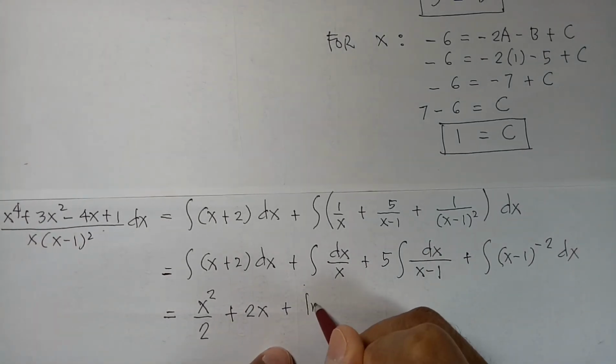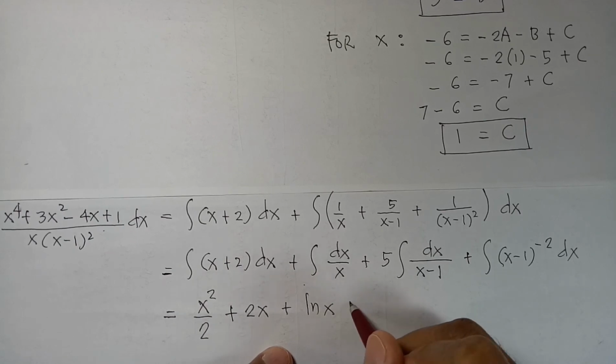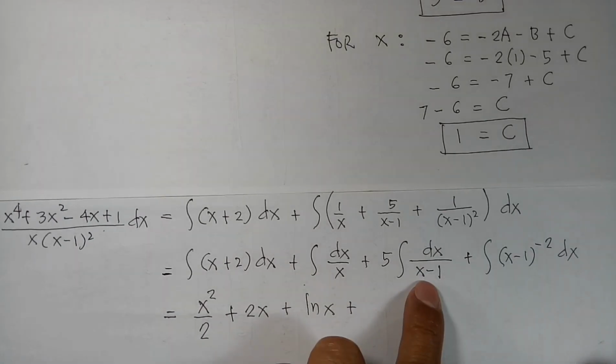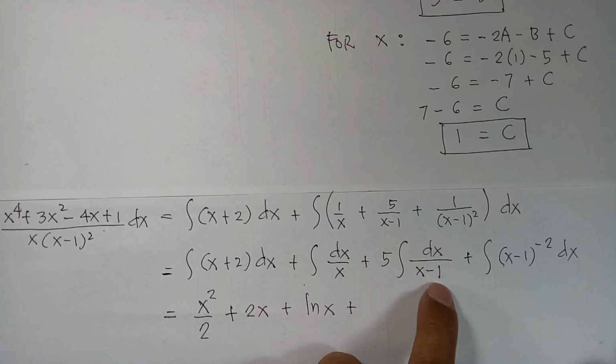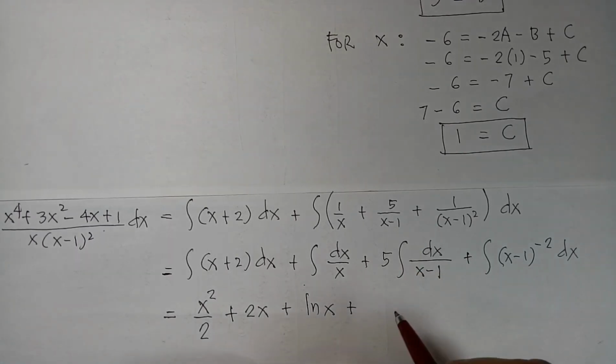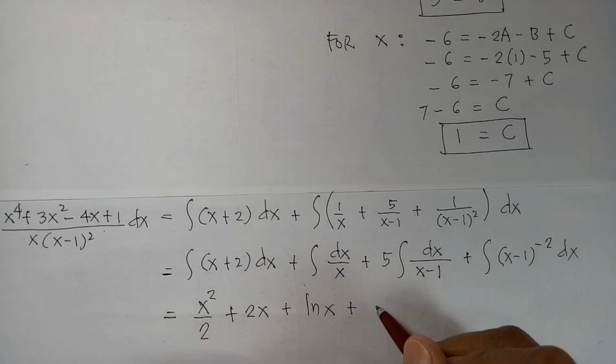Next, our denominator is x minus 1 and our numerator is dx, which is the exact derivative of x minus 1, so it is the integral of du over u, leading to a natural logarithm also.